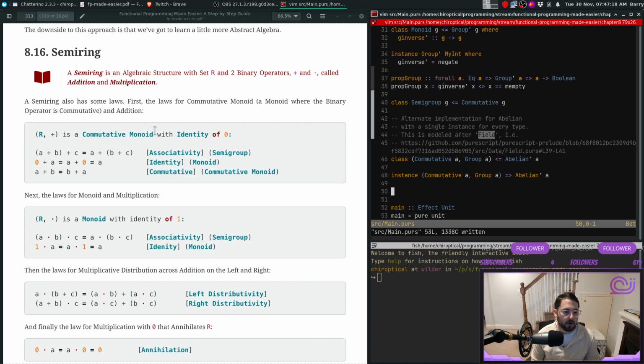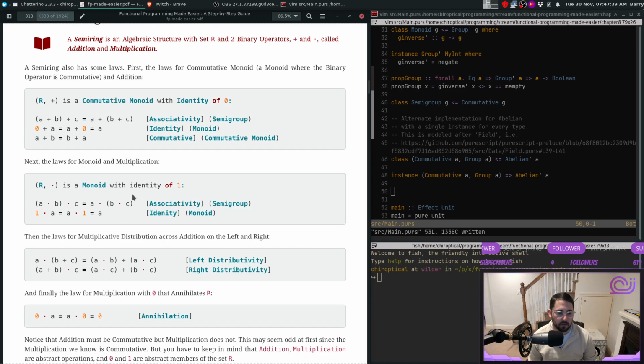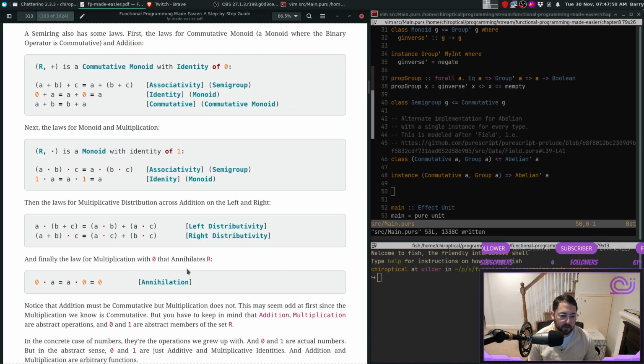Okay, so R plus is a commutative monoid with identity of 0. So A plus B plus, yeah, so it's associative, it has an identity, and it's commutative. Okay. Next, the laws for monoid and multiplication. Then the laws for multiplicative distribution across addition on the left and right.